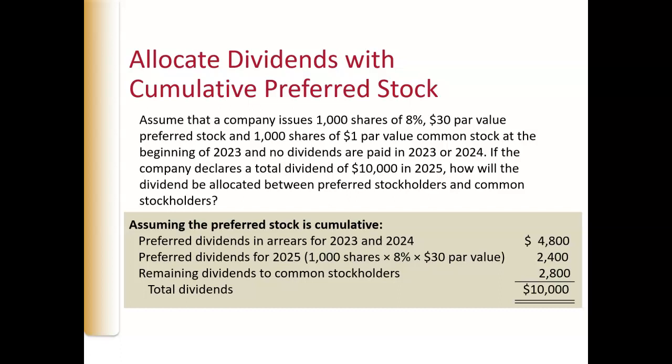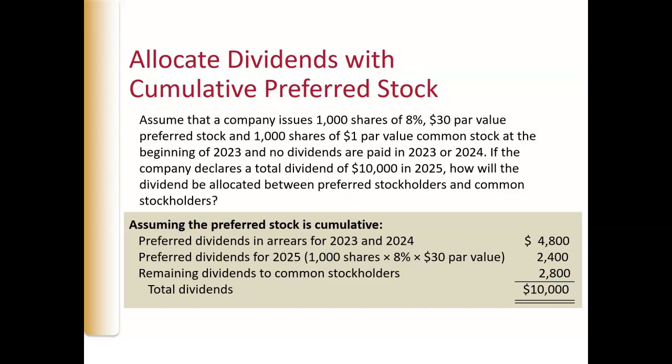Okay? Then they're going to pay the 2025 dividends for the preferred shareholders. Whatever's left over then goes to common shareholders. So this cumulative component is an amazing feature if it's available. So out of $10,000, the common shareholders are only going to get $2,800 of it, because the preferred shareholders get paid for 2023 and 2024 in 2025. Does that make sense, guys?